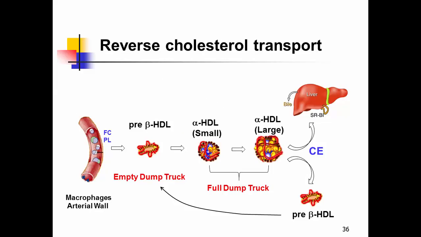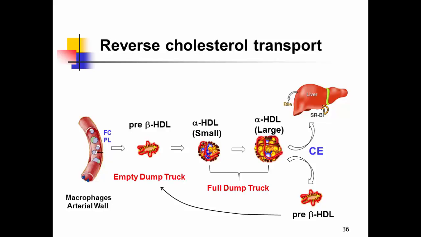This is also a new slide, and don't worry too much about it, but I'm going to post it. It gives you a whole picture of how reverse cholesterol transport is accomplished, and what the consequences or function of this reverse transport are.